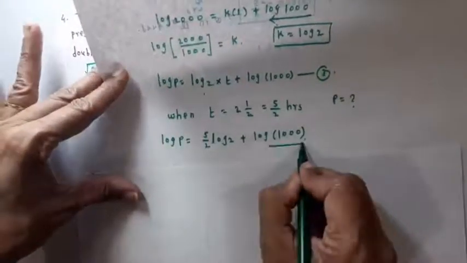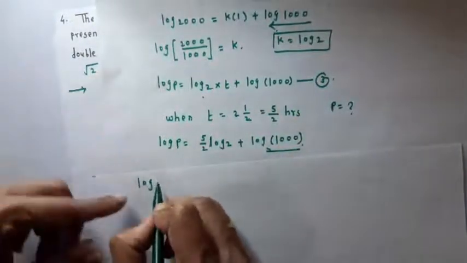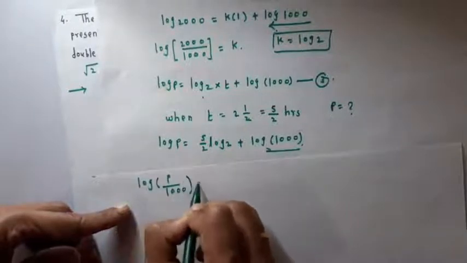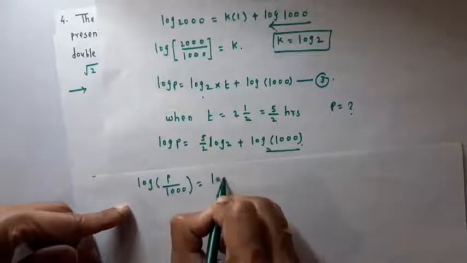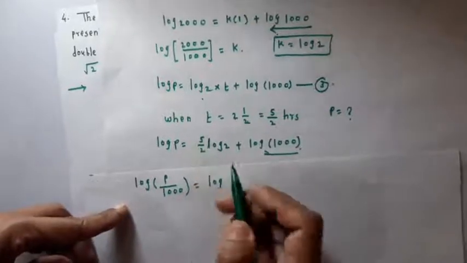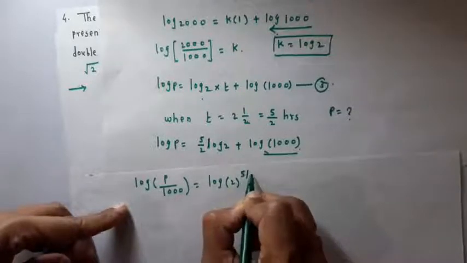Now shift the term to that side. We get log of P minus log of 1000, which is log of P by 1000, equal to, by using rules of logarithm, 5 by 2 log of 2 is log of 2 raised to 5 by 2.